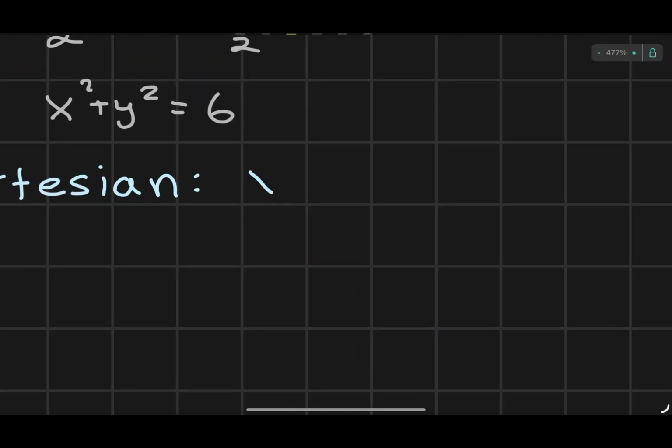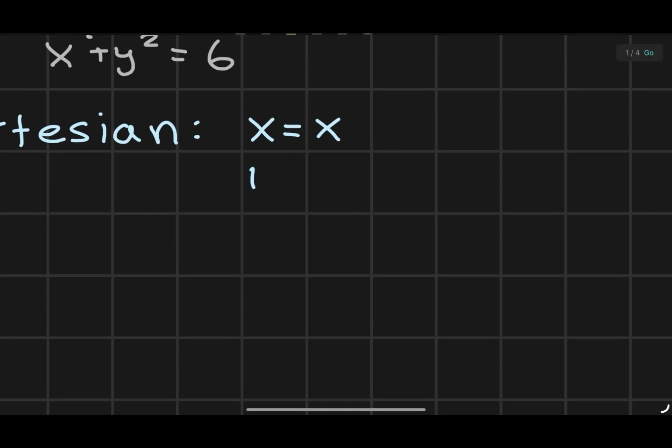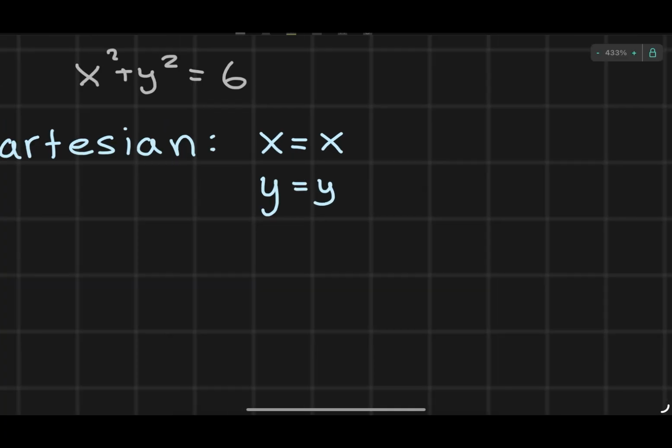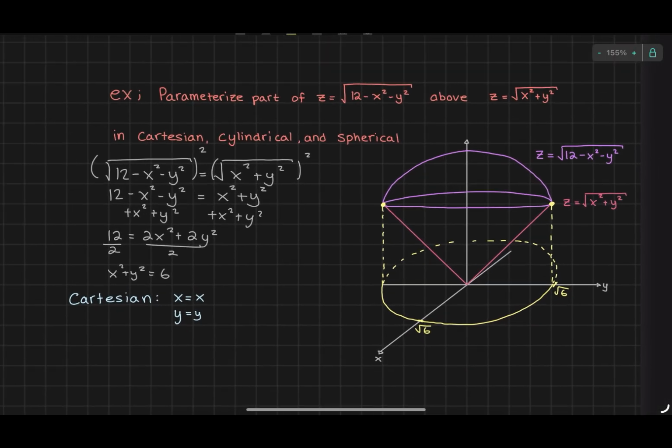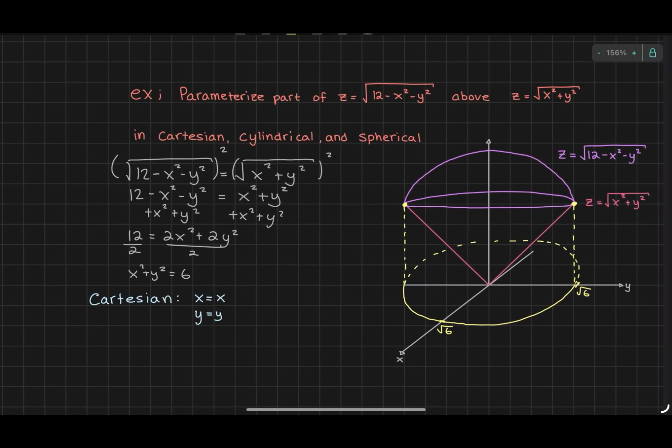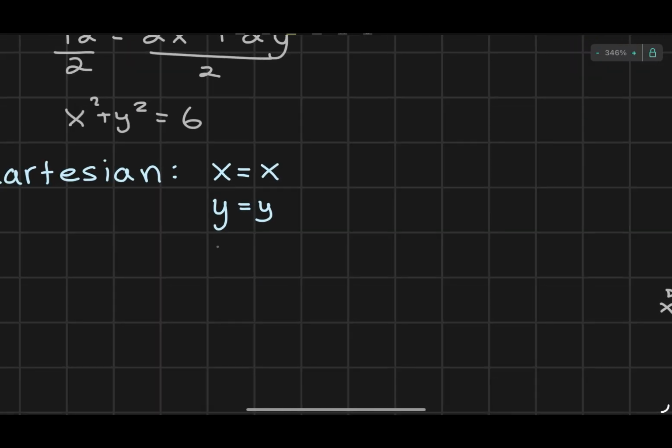Let's go ahead and parameterize first, and then we'll decide the bounds. So our x is going to be equal to x, our y is going to be equal to y. And since we're parameterizing the part of z equal to the square root of 12 minus x squared minus y squared, that's what our z is going to be explicitly defined as. So our z is going to be the square root of 12 minus x squared minus y squared.